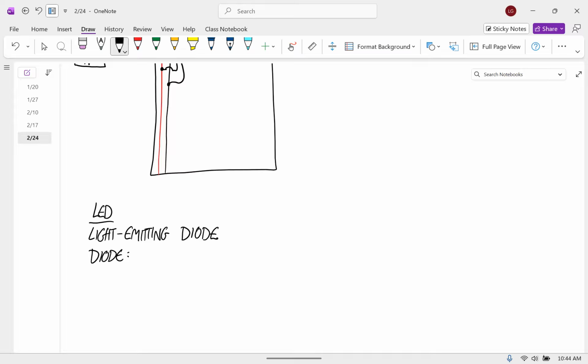So you could apply a voltage in the backwards direction to it, but no current is going to go. You can think of it as like in the backwards direction, it's just a wall. It stops anything. But in the forward direction, it'll let the current flow pretty freely. So a diode is something that only allows current in one direction.